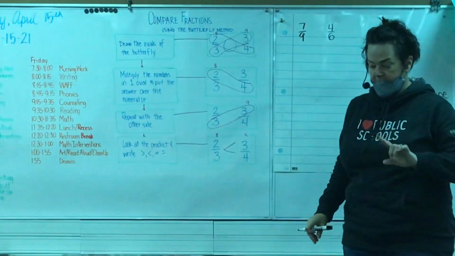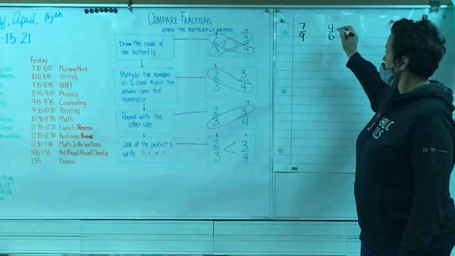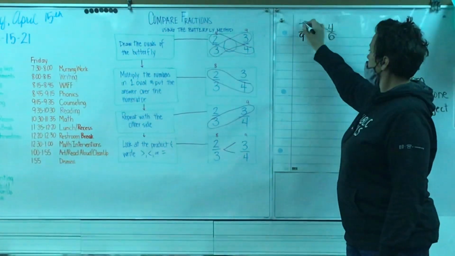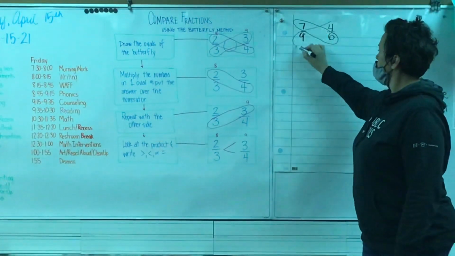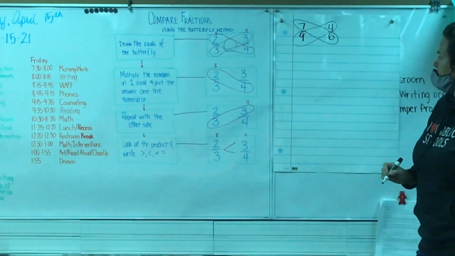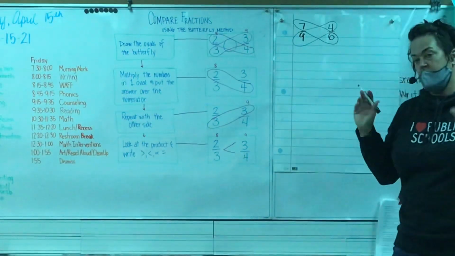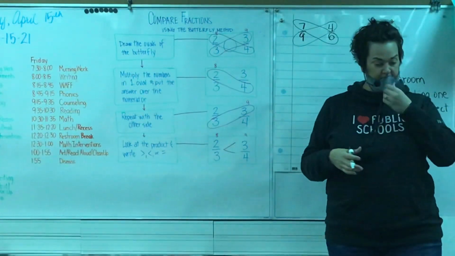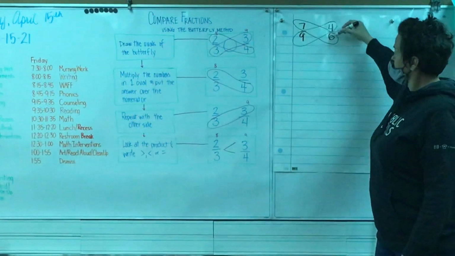Okay, starting off, does it matter which loop we do first? No. I just know that I need to multiply these together, and then I need to multiply those together. So those of you that have learned those multiplication facts, what is 7 times 6?